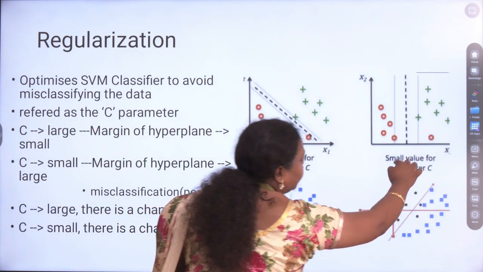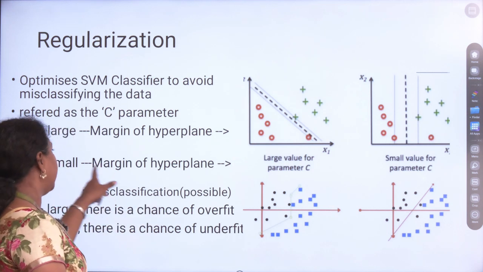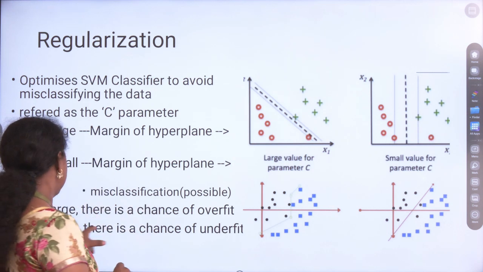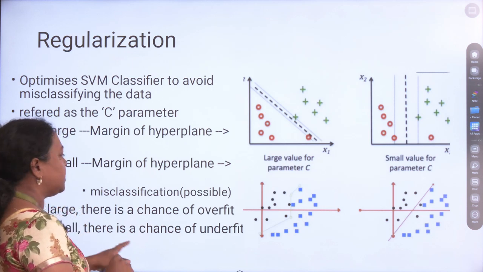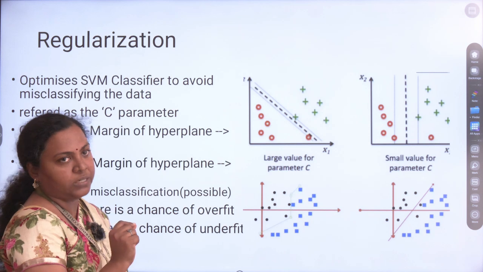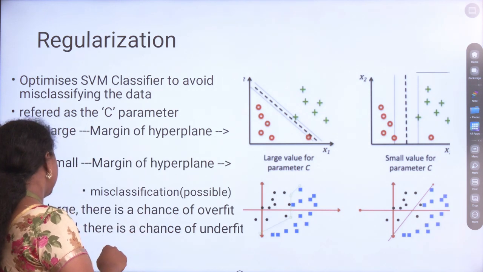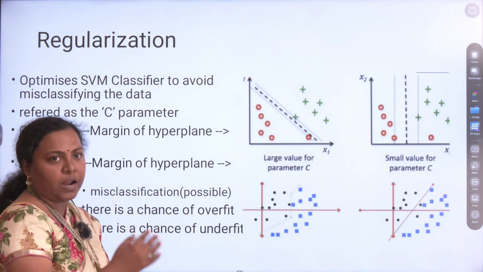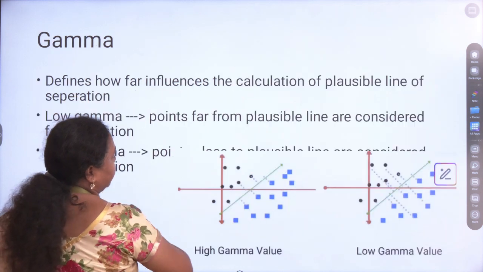You can see the margin is large in this case. So there can be misclassification if the C parameter is small. If C is large, there is a chance of overfit, so some other data can fall on it. If C is small, there is a chance of underfit, and some data from this can fall into the other category.